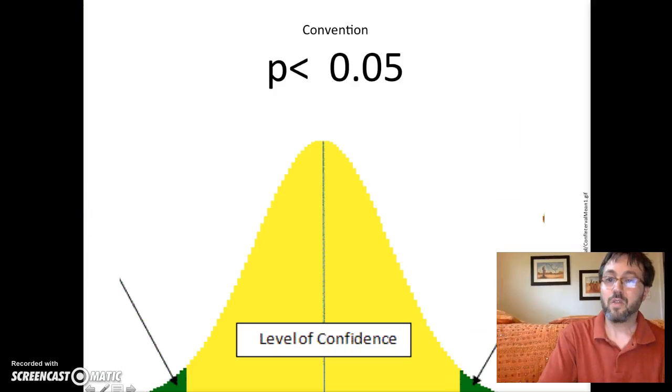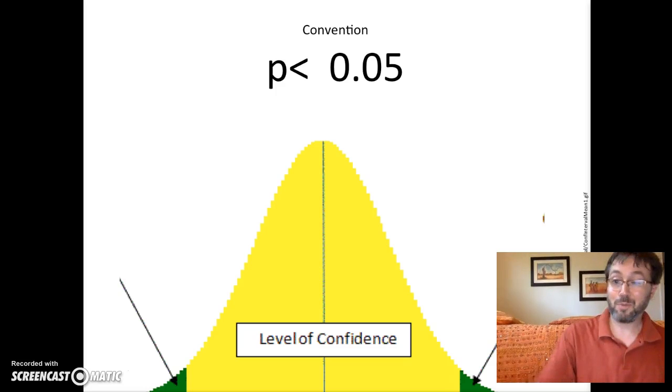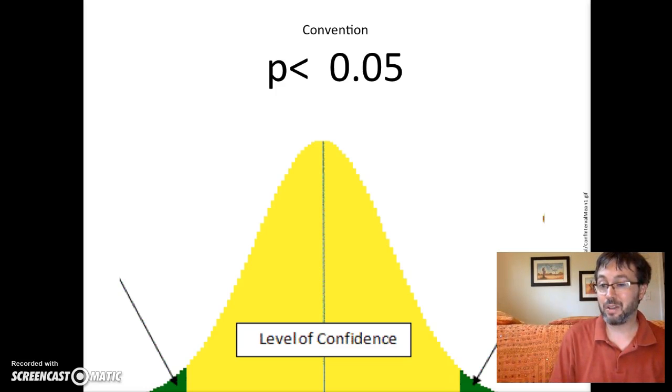So remember that 0.05 is the level at which we decide to accept or reject a null hypothesis by convention. Certainly not an absolute right or wrong, or a definitive, clearly the best way to do statistics in the universe, but it's the way that statistics have been done for decades, and it's the commonly accepted standard in the field, unless you have a clear rationale for setting another significance level.